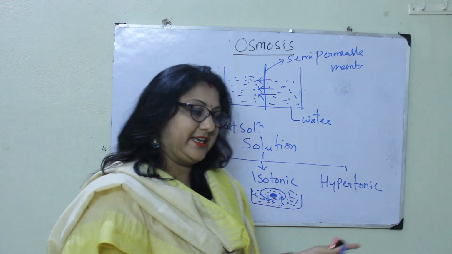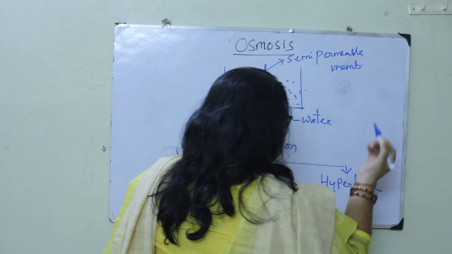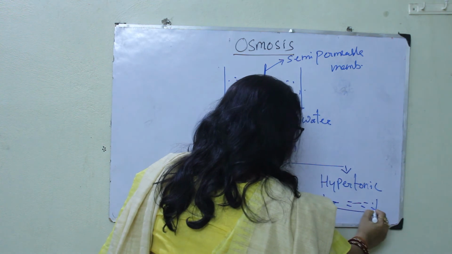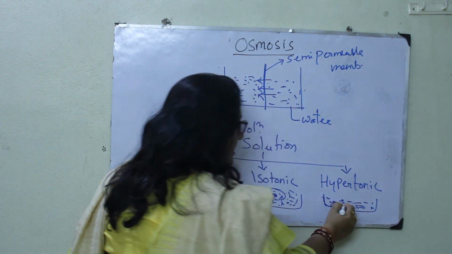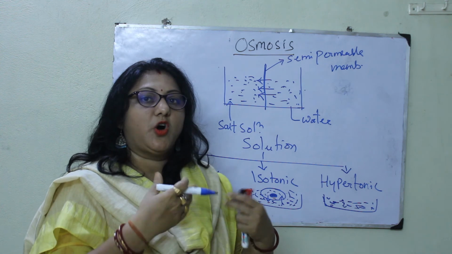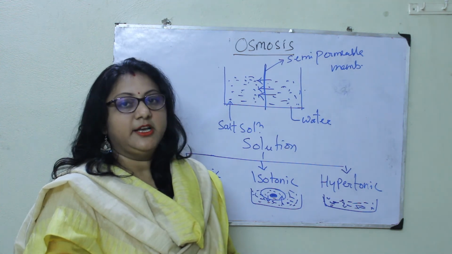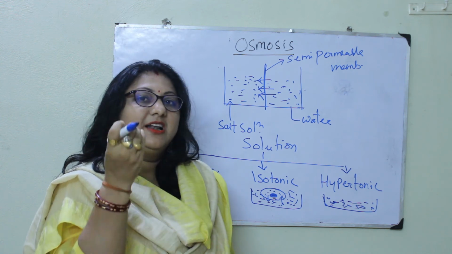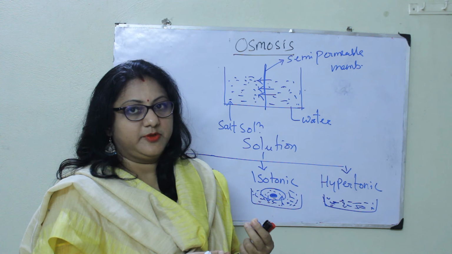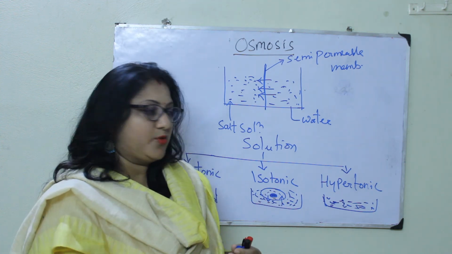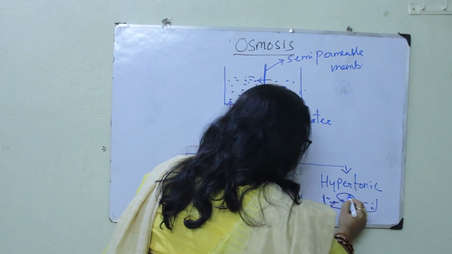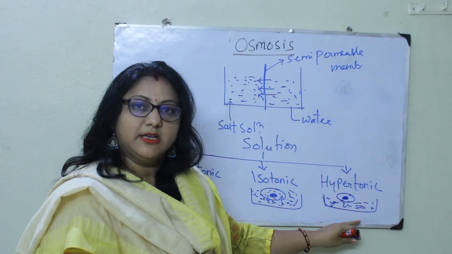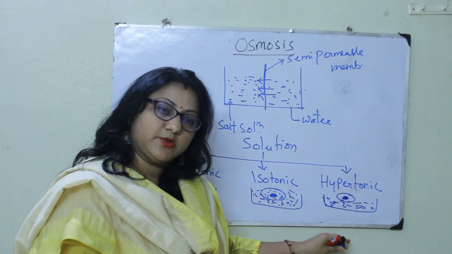Now the last one is the hypertonic solution. Suppose the solution kept in the container contains more solute, less water. It is a more concentrated solution, right? So I have mixed more salt or more sugar in it. It's a very thick solution. Less water, more solutes, right? So solvent is less, solute is more, and the cell kept here has more water content in comparison to the solution outside. So in that case, what is going to happen?